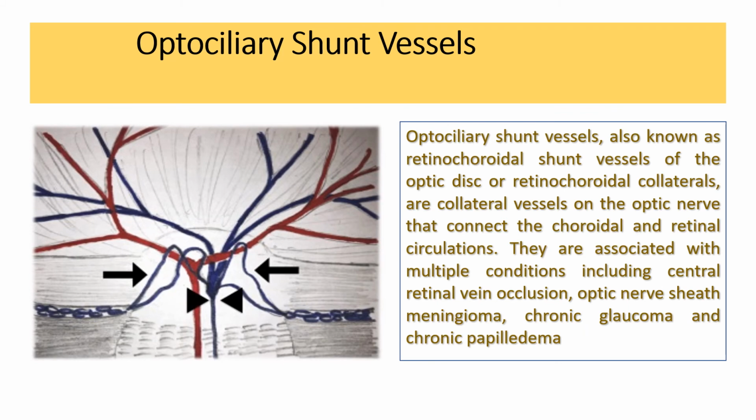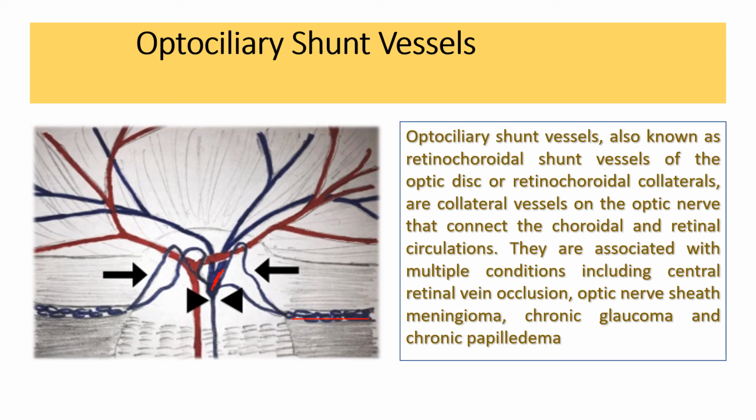So in the previous slide, in chronic papilledema, I explained there might be optociliary shunt vessels. What are optociliary shunt vessels? Optociliary shunt vessels are actually collaterals, and these collaterals are formed between the retinal vessels and choroidal vessels.